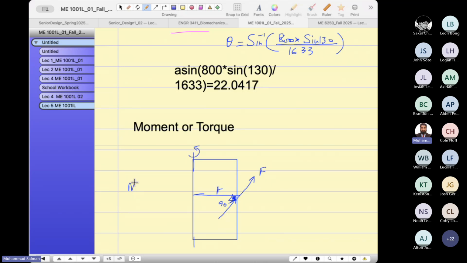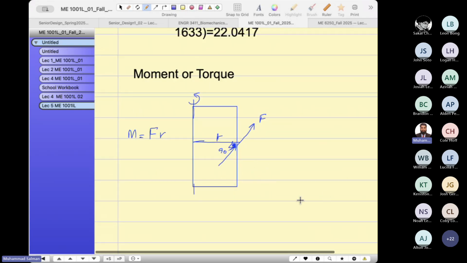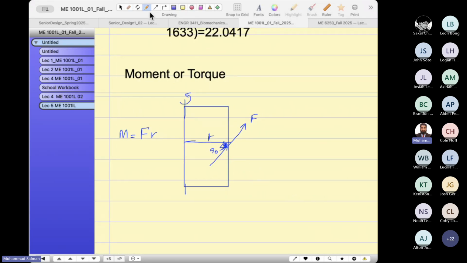So the moment of this force, moment means turning effect. You have to turn the door. The moment of this door is F times R. Have you understood this concept? Now the same thing: if you reduce one thing, the torque, the moment will reduce.